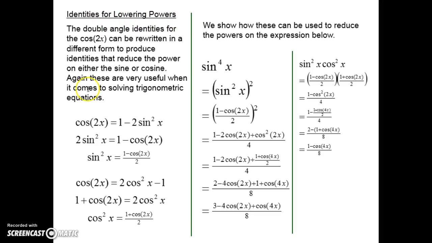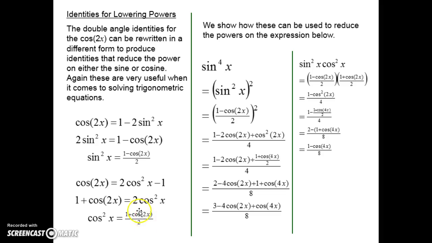We can use these identities to go from double angles to single angles, but we can also use them to reduce powers. If it's true that the cosine of the double angle 2x is 1 minus 2 sine squared, then I can solve this for sine squared, and I can use it to go from a double angle measure to a single angle. I can also use it to go from a squared term to a single term.